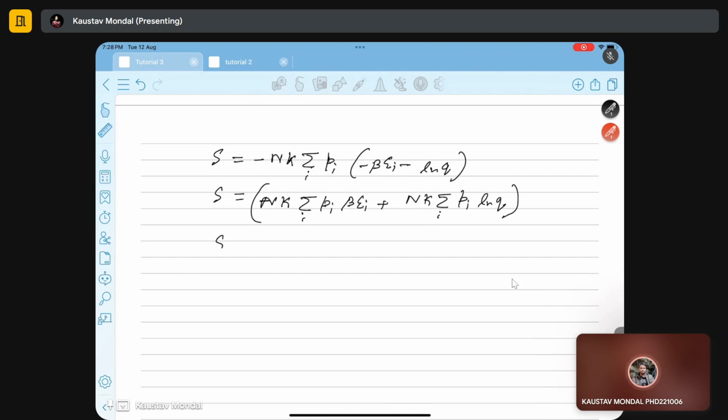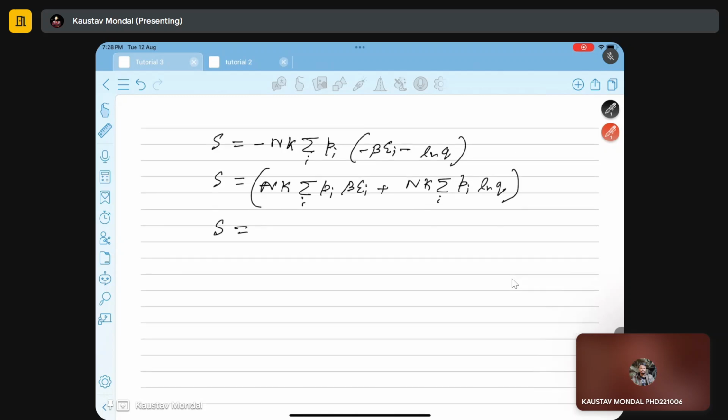So now the entropy would become summation over i. We have to just make this whole thing simpler. Ni by n into beta ei plus nk. You can keep Pi as it is. You can actually keep this ln q outside, since the summation is only over Pi.